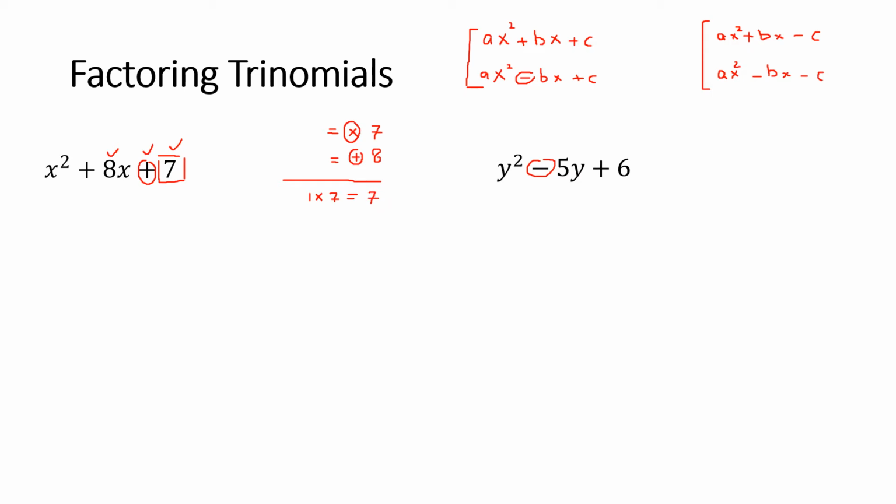So 1 multiplies 7, so actually those numbers are 1 and 7, and those numbers again 1 and 7, the same numbers should come.